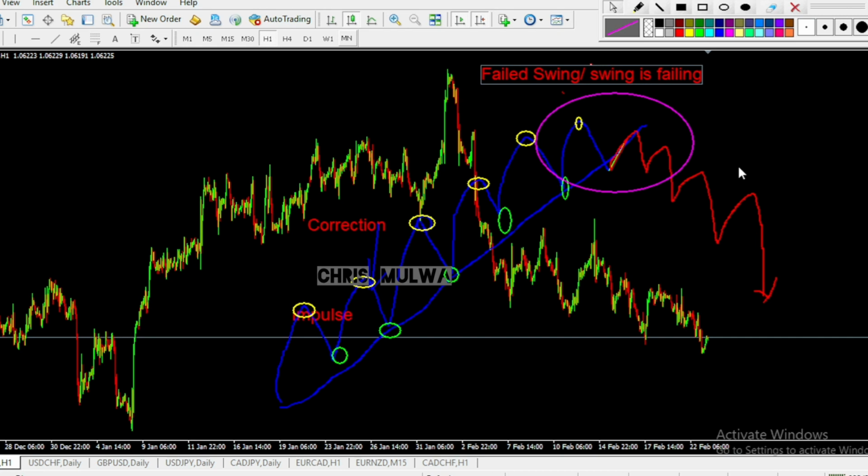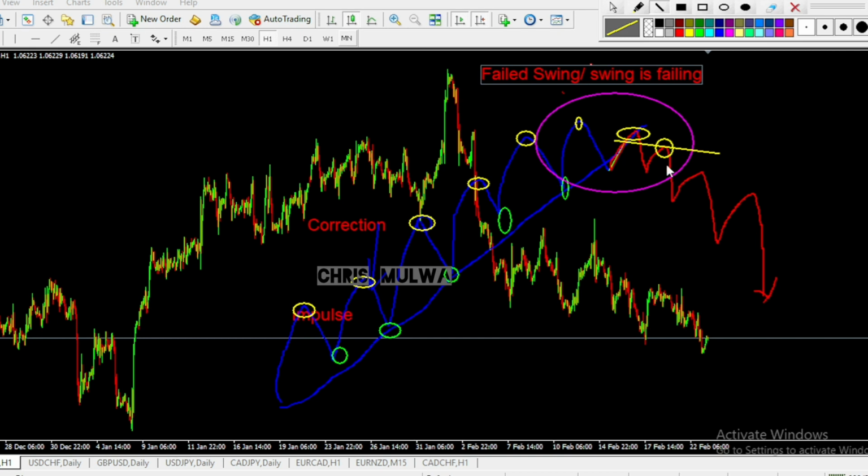Now the market starts dropping. How can we place a trade here? So we have this one. Then we check the second low, the second high. At this point, the high here did not go above this, so this one is lower.